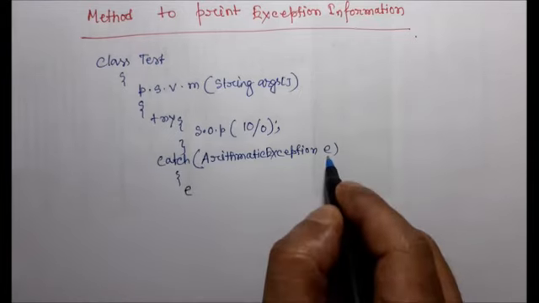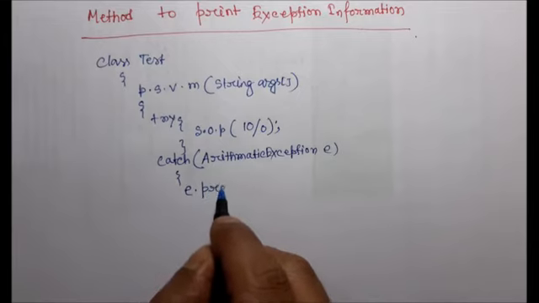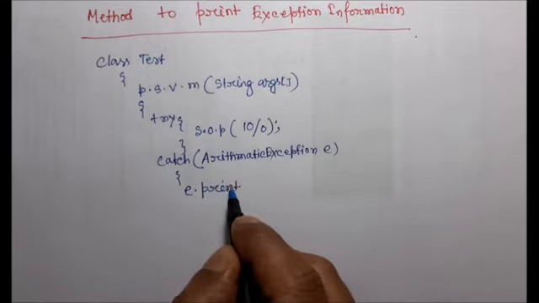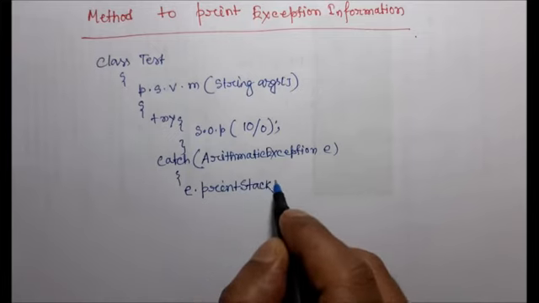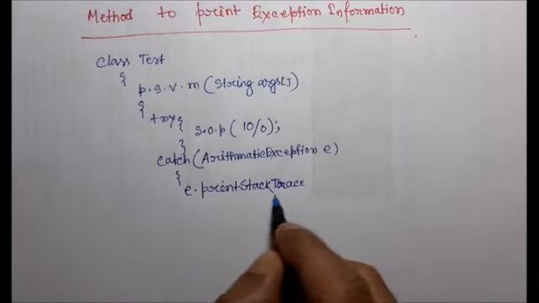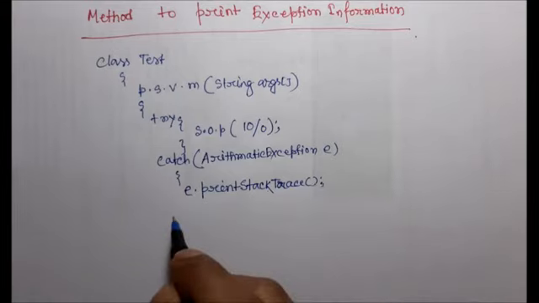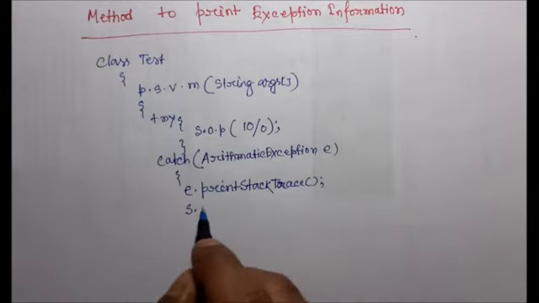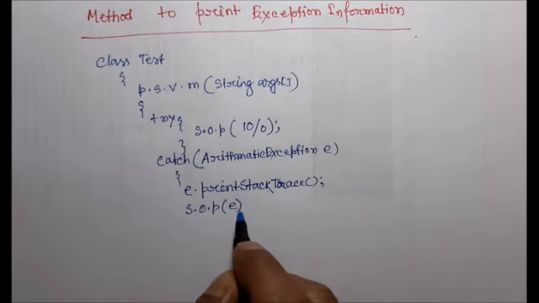This is my exception object e, and I am calling the method printStackTrace. This is the important method. Another, I want to print what exception arose, so System.out.println, I just want to print this one.